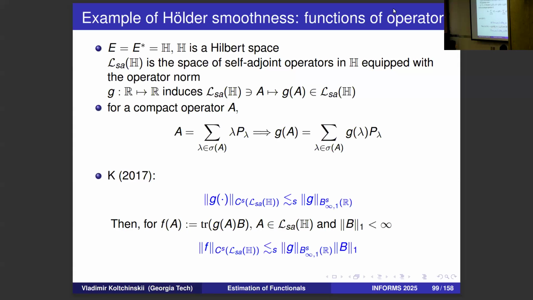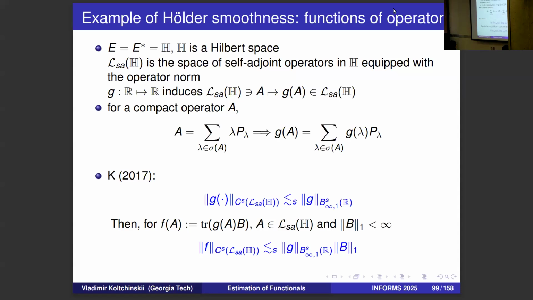But since we will deal only with covariance operators and they are compact, it's even easier in this case, because if we have a self-adjoint compact operator, it has a discrete spectrum and this type of spectral decomposition with eigenvalues lambda and spectral projections P lambda.